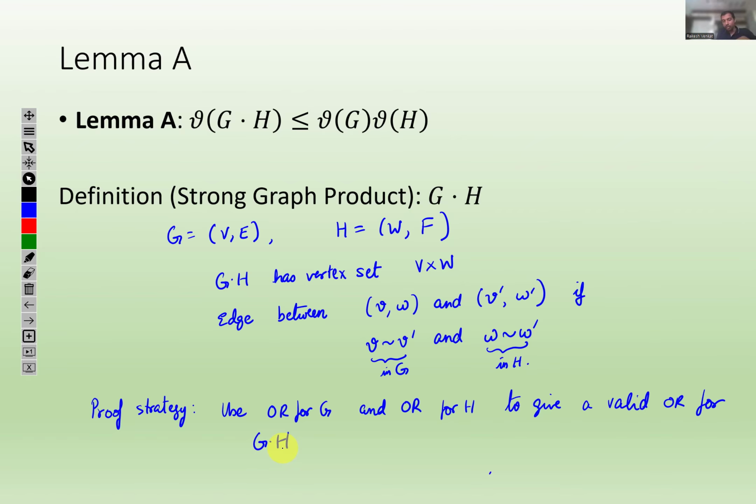And because we are constructing it, the value that it will take will turn out to be the product of the two theta functions of G and H respectively.